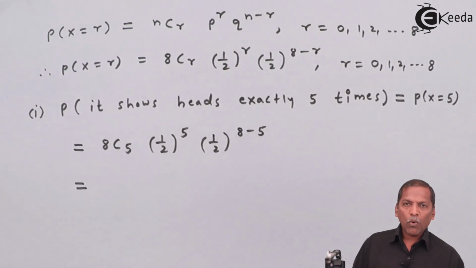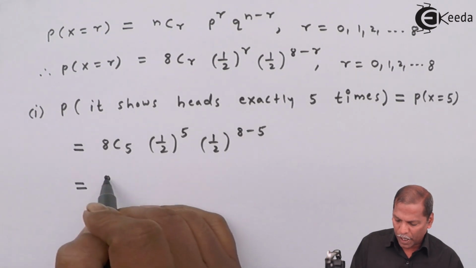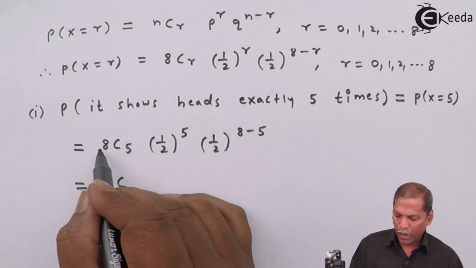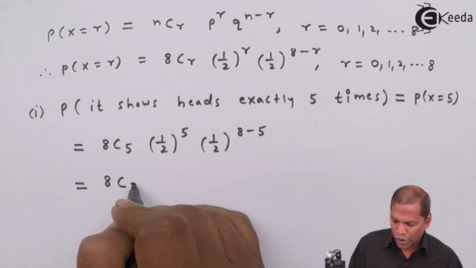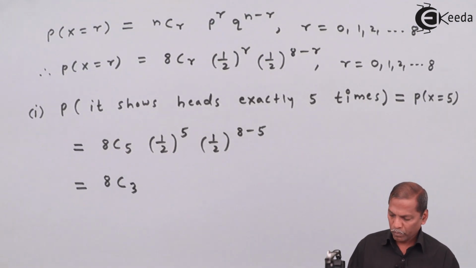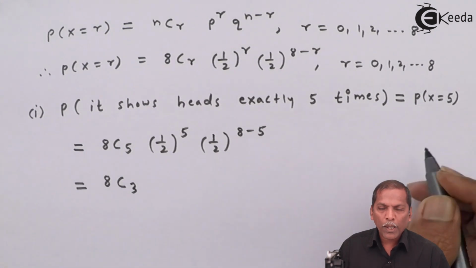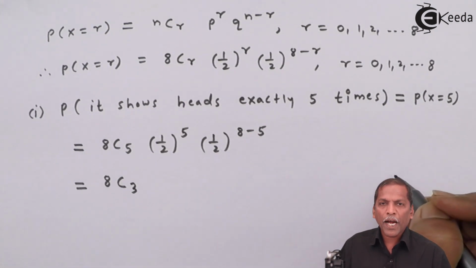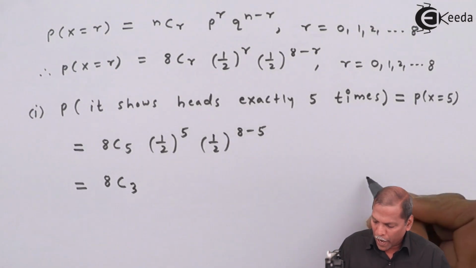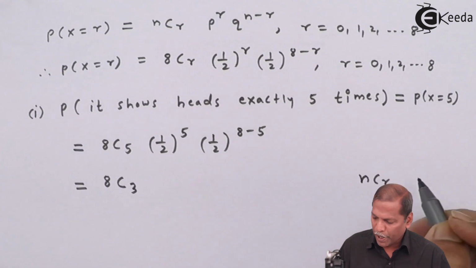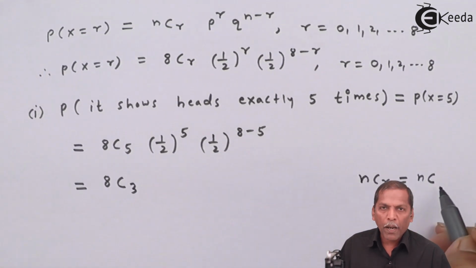Now 8C5 is the same as 8C(8 minus 5), that gives 3. Since here we apply the rules of the permutation and combination chapter, that nCr can be written as nC(n minus r).